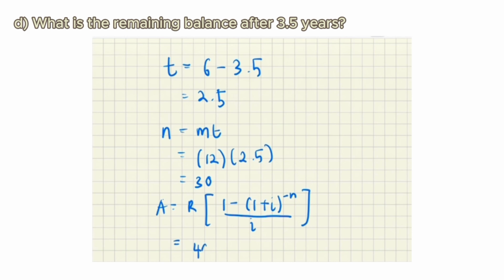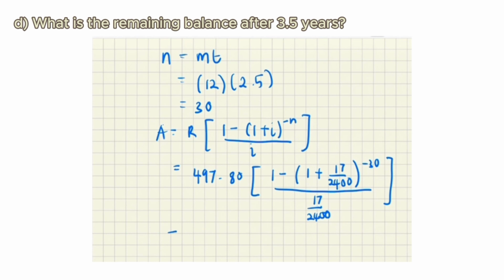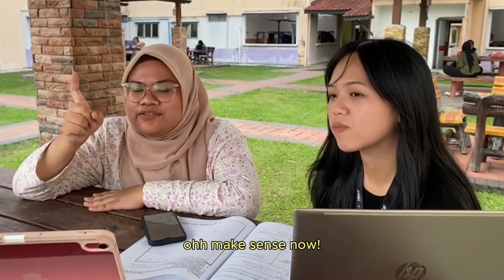So the monthly payment R is equal to 497.80 times the bracket 1 minus (1 plus 17 divided by 2,400) to the power of negative 30, over 17 divided by 2,400. Close the bracket. And now that gives us the present value of those remaining 30 payments, which is 30,411.35. Oh, makes sense now.